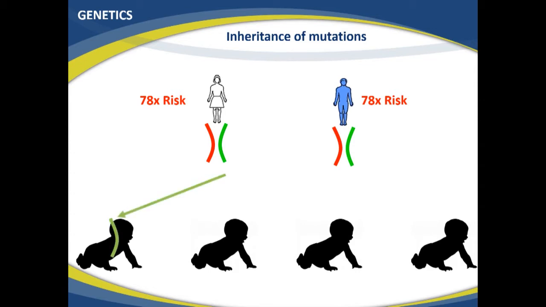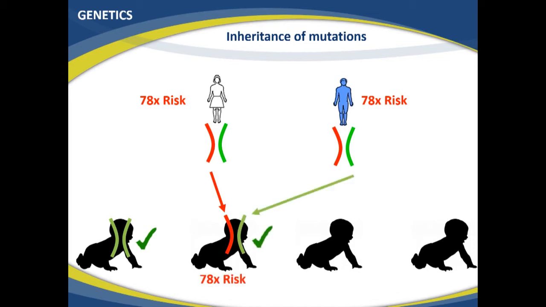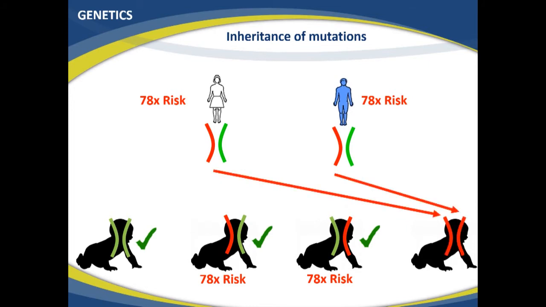Now, by chance they pass on one of the chromosomes, and this child is going to be healthy. Even though both parents have a high risk, this child has no risk. And if one of them is passed on, 78-fold risk, as you would expect. However, if you get two of the genetic variations, the same risk again.